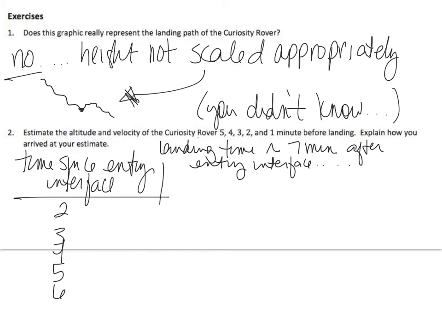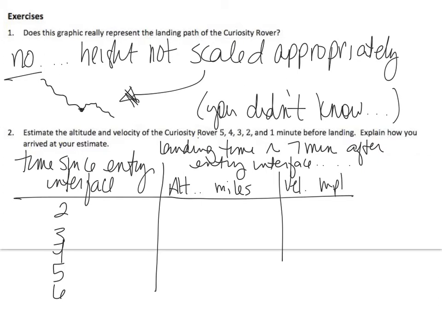So if I look at the graphic, I've got the altitude in miles and the velocity in miles per hour. So at about 2 minutes, I'm at 45 miles, and I'm getting closer, and closer, and closer, right?